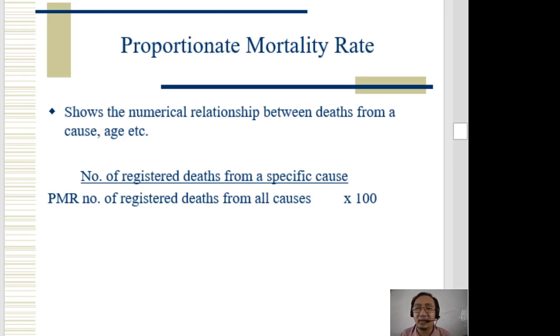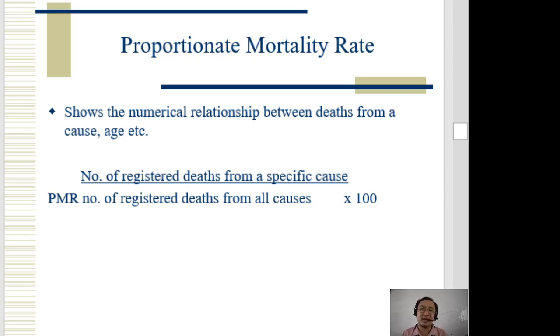Proportionate mortality rate, or PMR. It shows the numerical relationship between deaths from a cause, age, and so on. So PMR is equal to the number of registered deaths from a specific cause over number of registered deaths from all causes.